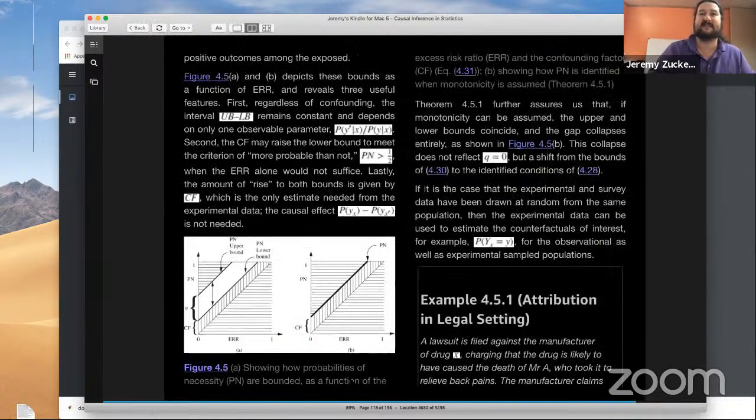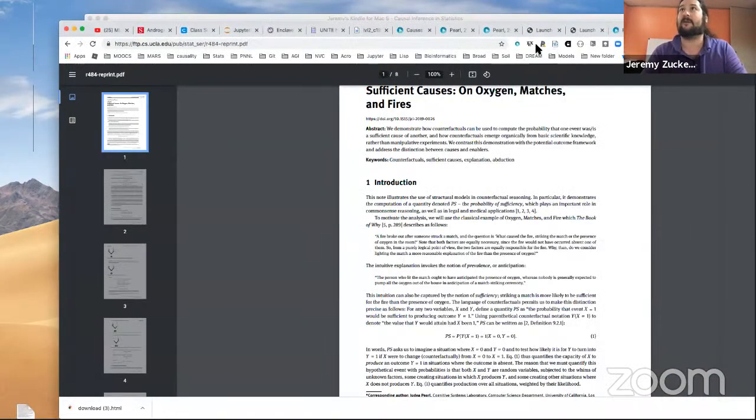Right, so this shows how probabilities of necessity are bounded as a function of excess risk ratio and the confounding factor. And B is showing, this is just when you assume monotonicity, then the probability of necessity is equal to a single value. Then back to the paper.